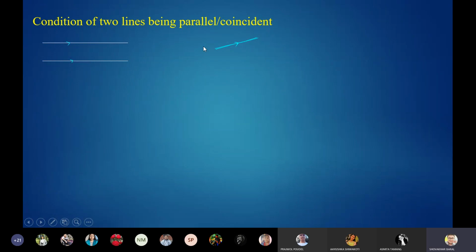And if you maintain a certain distance between them so that they are parallel, then that is called parallel. So again, parallel means they maintain a certain distance between them, and coincident means they get overlapped with each other. So that is the specific condition.